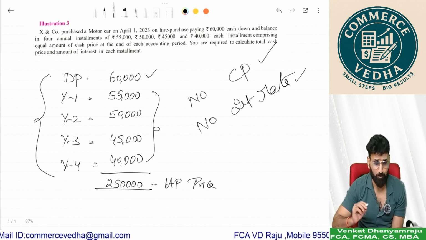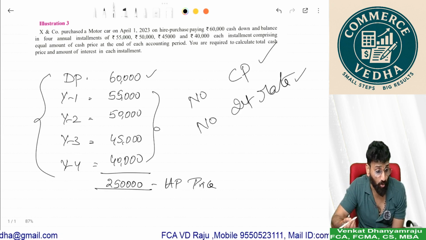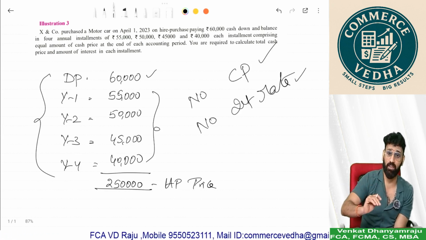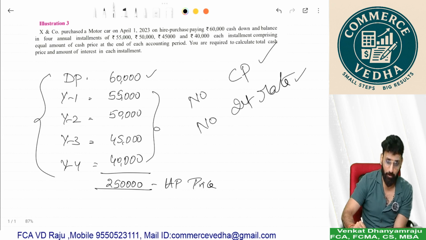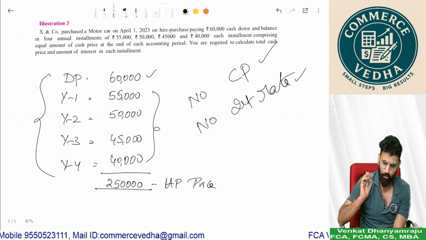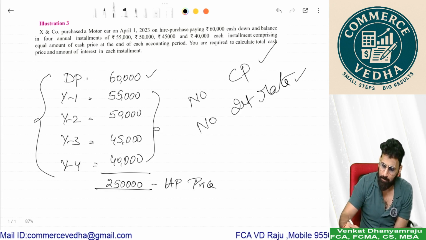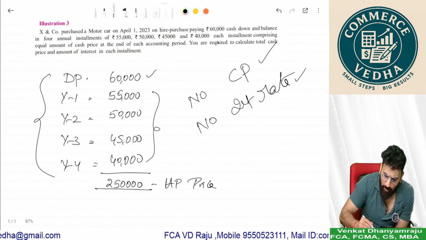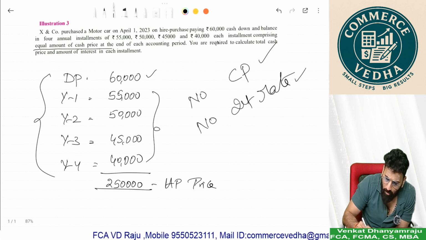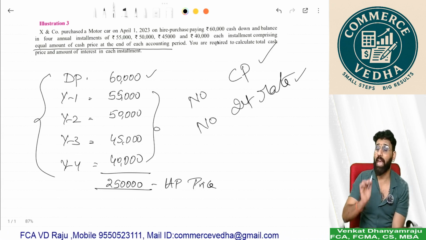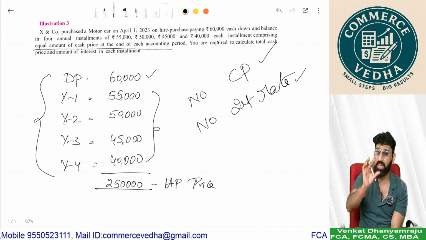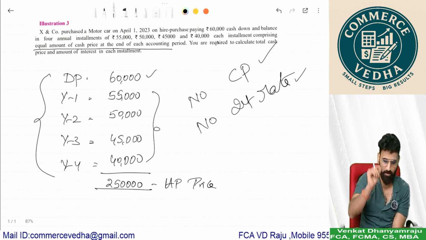What is the logic I should use to identify the interest and remove it from the hire purchase price to get the cash price? The logic here is each installment comprises an equal amount of cash price. So cash price in every installment is the same. That is the logic.